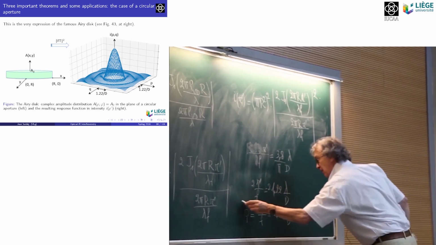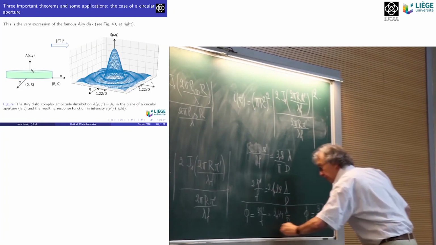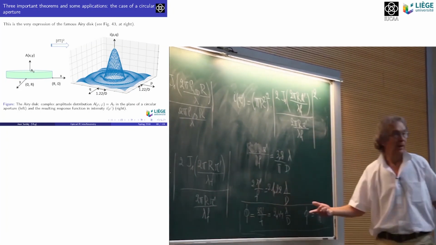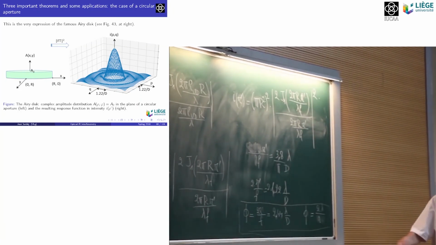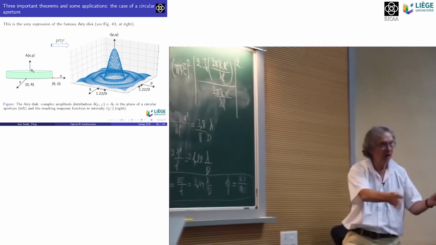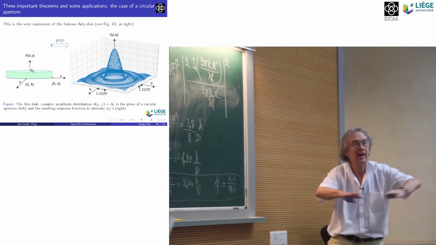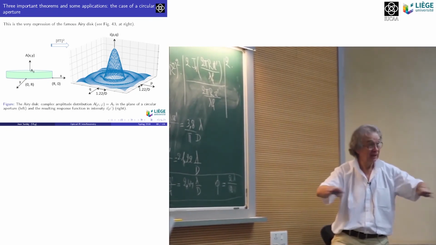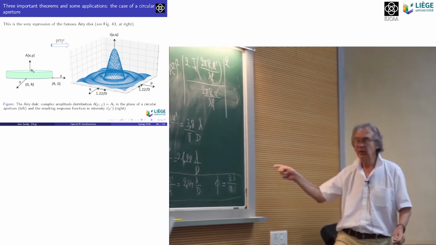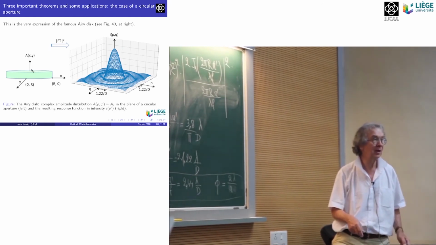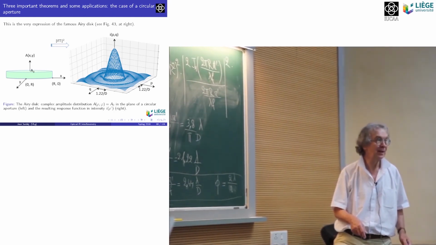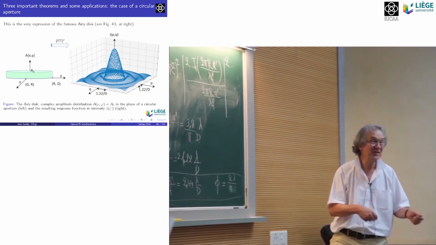And now there is an interesting philosophical question. If I give you a square aperture, and if I give you a circular aperture, which areas are the same, so the surfaces are the same, which one is the most resolving? What would you select? The square one or the circular one?